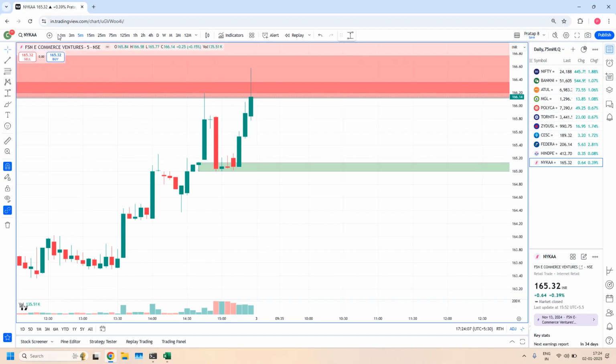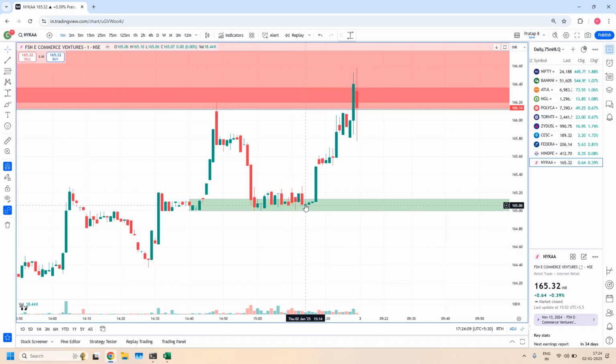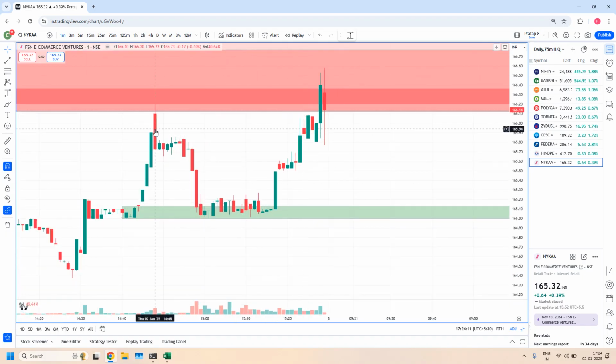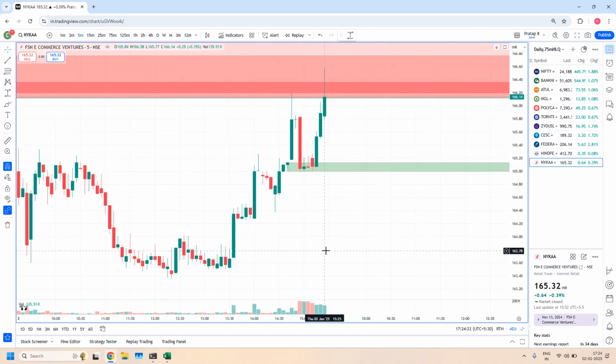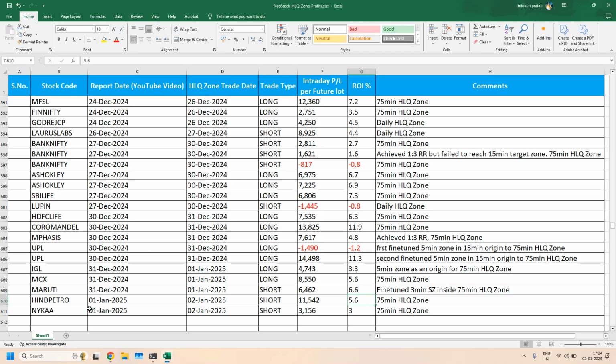If you look exactly at how many minutes it took, you got the trade at 14:48 and when it reached the 14:58 candle, just exactly 10 minutes, the trade is completed. How much profit has it given within 10 minutes? Nykaa has given 3,156 rupees profit, which is 3% ROI. In 10 minutes, we got 3% ROI on our capital.